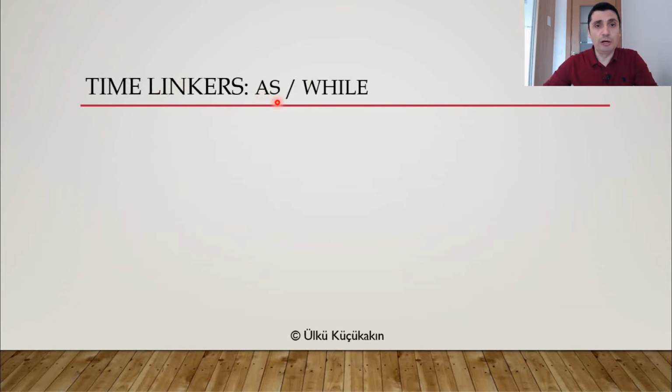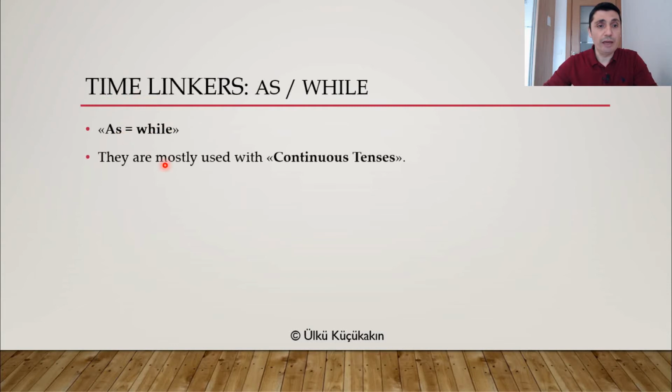First of all, as and while, all right? So as and while as time linkers, they are exactly the same, everyone, all right? But as has different meanings. But as a time linker, it's the same with while. And both of them are mostly used with continuous tenses.